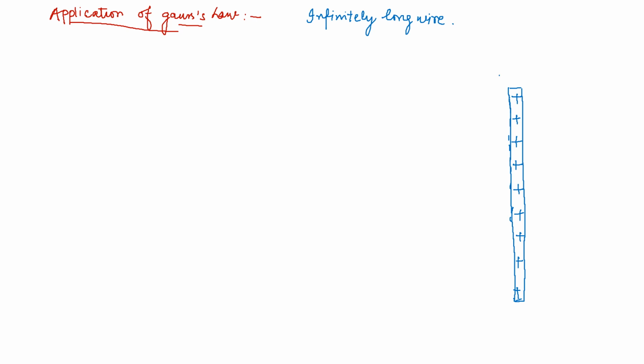The wire is kind of a cylinder, so the Gaussian surface made on this will be cylindrical in nature. So this is how we have made a cylindrical surface over here, and this red colored thing is our Gaussian surface. I will just color it.